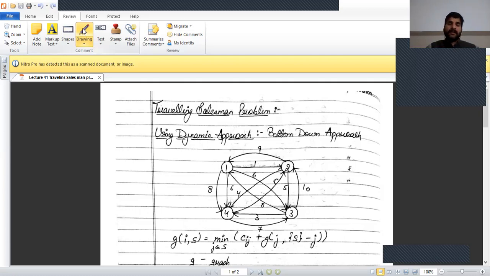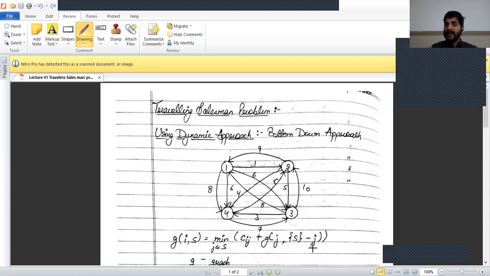After computing the cost matrix of the given directed weighted graph, we apply the dynamic formula: G(i, S) = min over j in S of [C(i,j) + G(j, S minus j)].